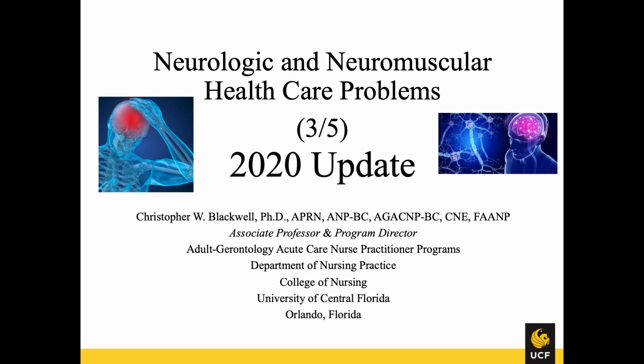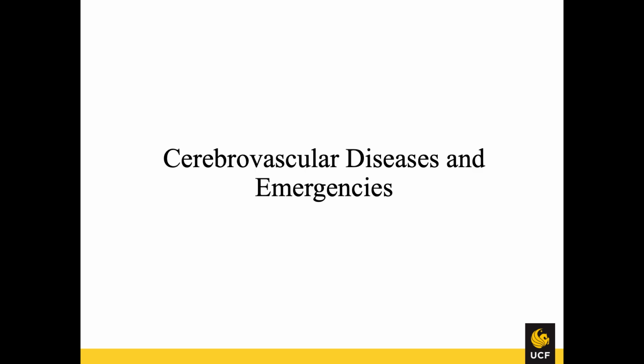In this particular unit, what I've done is deleted the old material that was no longer relevant and completely updated it with the new material. So this is an entirely new slide deck, an entirely new presentation that I've worked hard on putting together for you that reflects the most current and recent evidence-based practice on managing neurologic and neuromuscular healthcare problems, specifically cerebrovascular disease and emergencies.